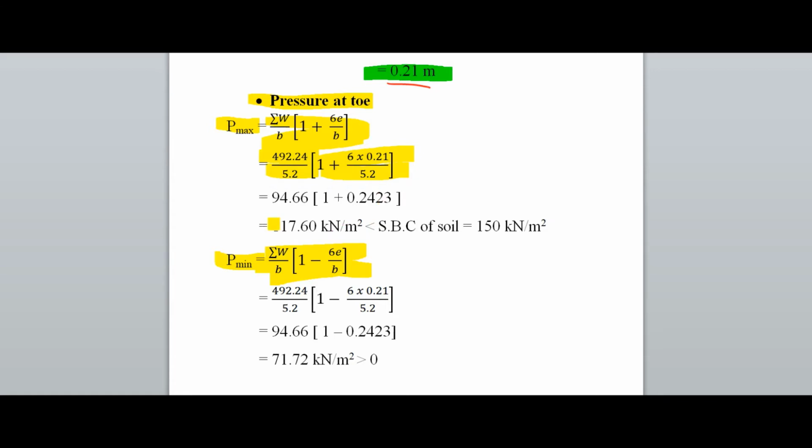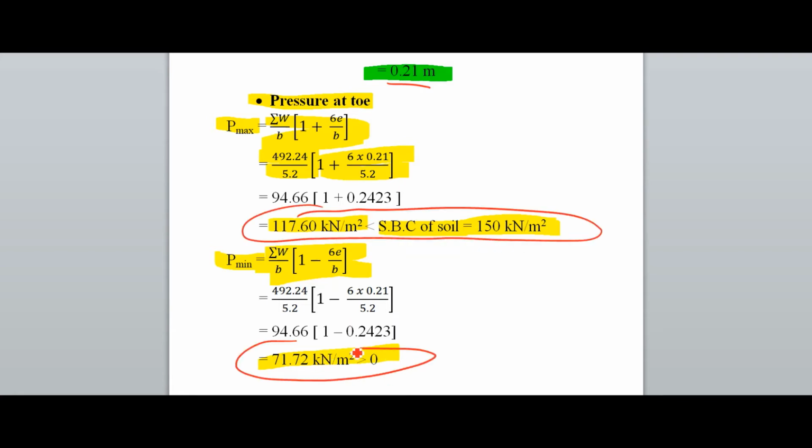So the maximum is 117.62 kilonewton per meter square, which is less than the SBC of soil. SBC of soil is 150 kilonewton per meter square, which is given in the example. And minimum is 71.72 kilonewton per meter square. I explained these both criteria in the previous lecture.